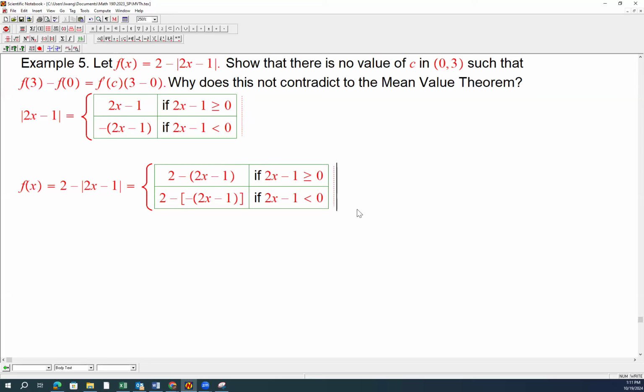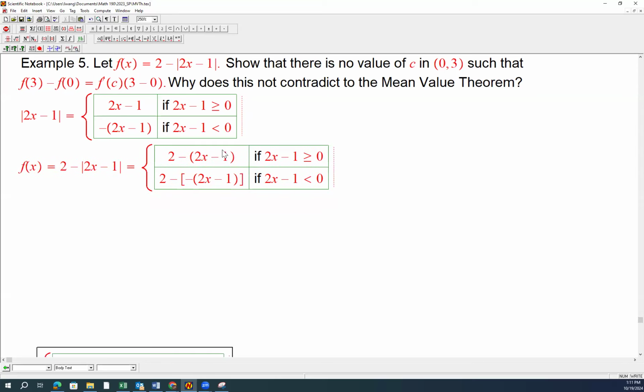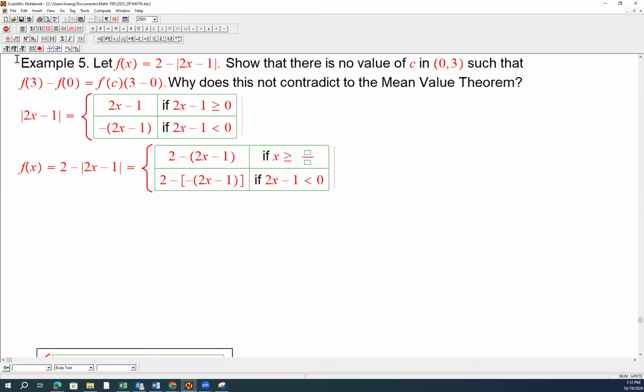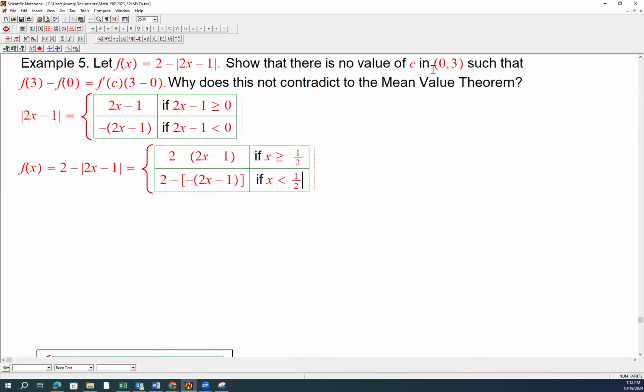Okay, so these are the two cases. Now we can solve these two inequalities, right? 2x minus 1 greater than or equal to 0, so x is greater than or equal to half. And 2x minus 1 less than 0, so x will be less than half. Half is right in between 0 and 3.